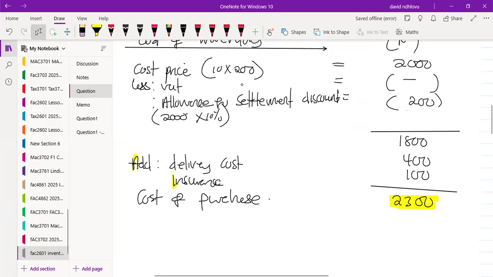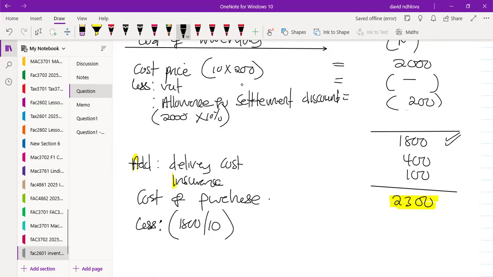But we must remember that one of the desks was damaged beyond repair. So we no longer have 10 desks on our hands. We now have 9 desks. We need to calculate the value of the damaged desk. So we say 1,800 divided by 10, because the cost of purchase was 1,800 after removing the settlement discount.